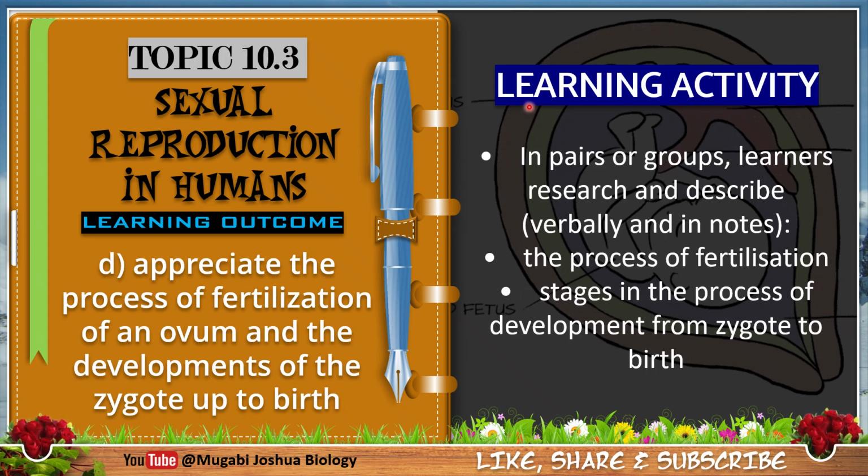We have been looking at learning activity in pairs or groups. Learners research and describe verbally and in notes the process of fertilization and stages in the process of development from zygote to birth.